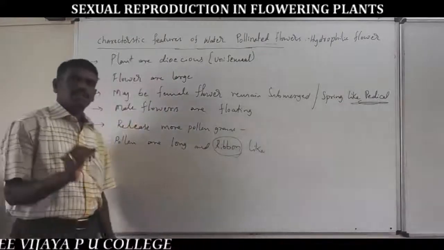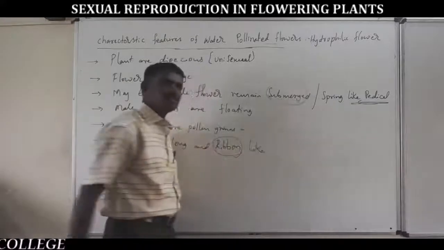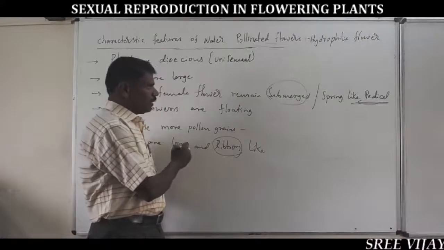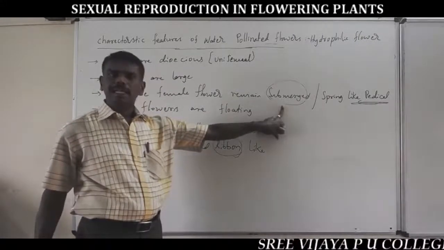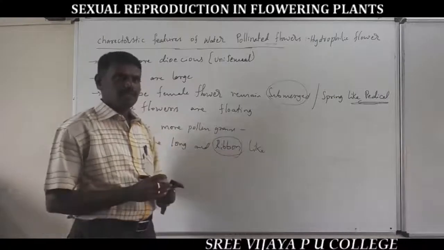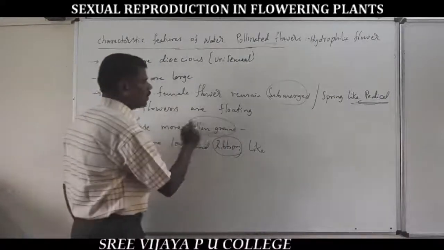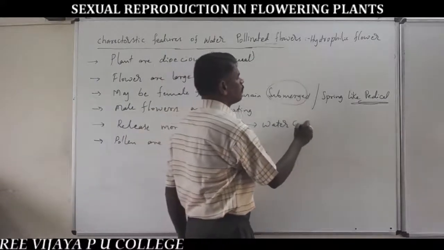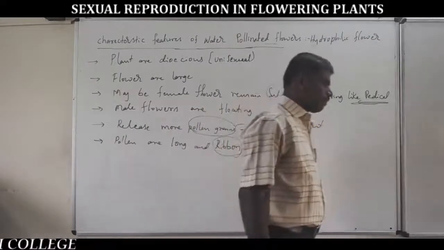Because the female flower remains submerged, the pollen moves towards the female flower. The pollen rays are carried by the water current.